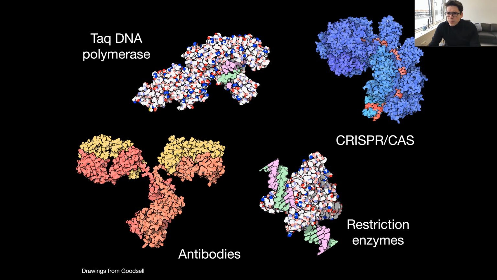And then in the top right, the most recent example of a molecular machine, which is surely going to find a lot of use in technology. This is the CRISPR-Cas complex. This protein-based machinery allows you to site-specifically cut or edit genomic information.